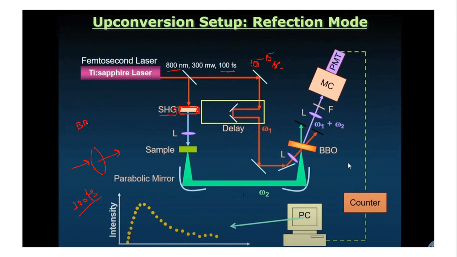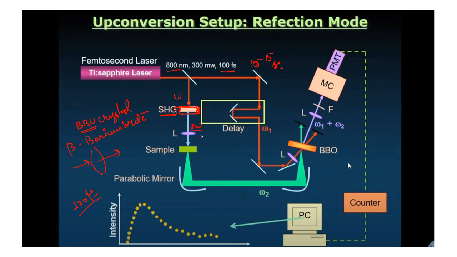That is a BBO crystal, which is expanded as beta barium borate. So this beta barium borate is the second harmonic generation material which doubles the frequency.